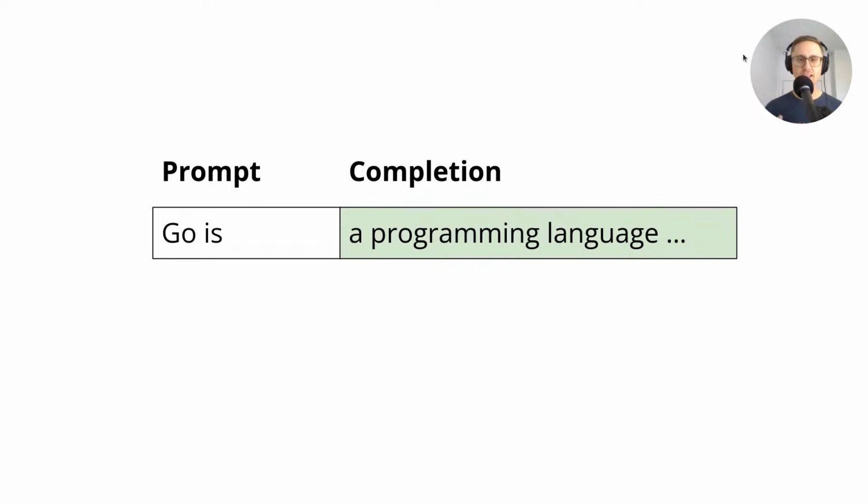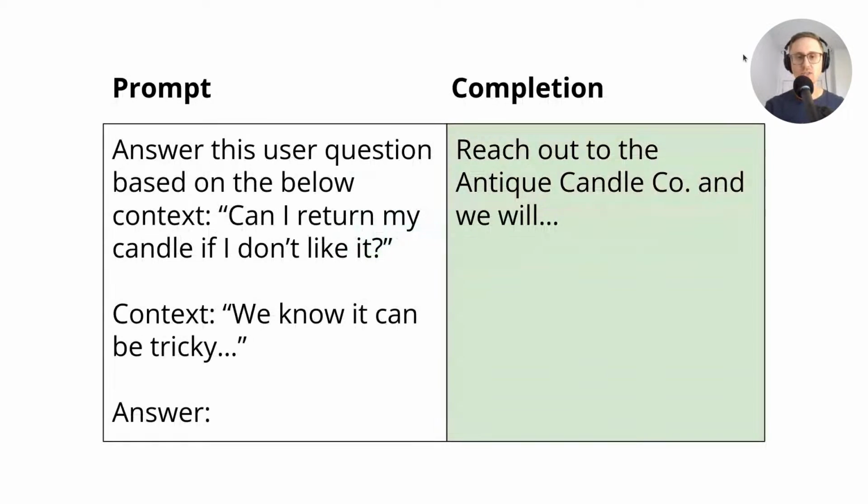And if I add in an additional layer on that to kind of add in an instruction to the model, then it can produce very probable outputs given a certain instruction. So what can happen is I can do question answering here. We do a bit of customer service for my wife's company, Antique Candle Co., and they make candles. So for customer service, I could prompt the model and say, answer this question based on the given context.